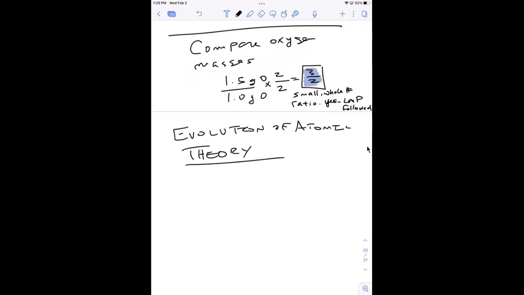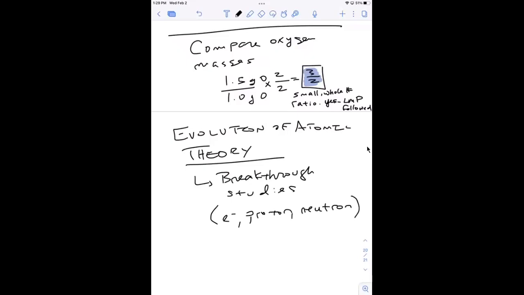So under this evolution, we're going to talk about breakthrough studies for the electron and the proton and the neutron. And then we're going to talk about the different subatomic particles.